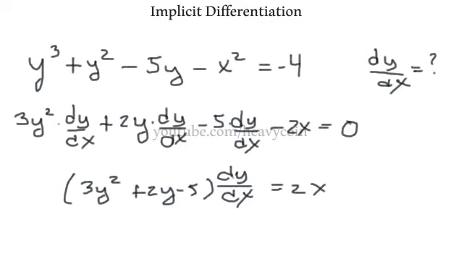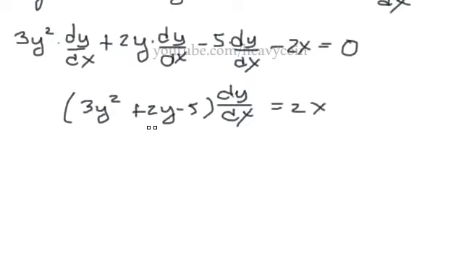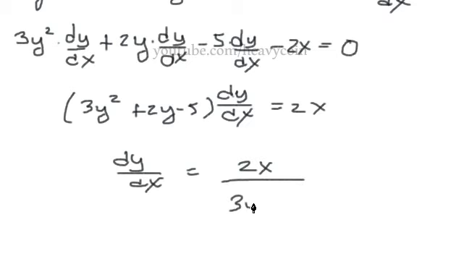And then, of course, you're going to just take this diagonally down, and so we'd be left with dy over dx is equal to 2x over 3y squared plus 2y minus 5. Okay, so there's your dy over dx.